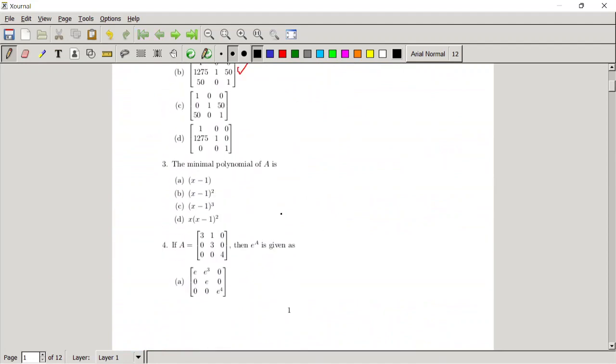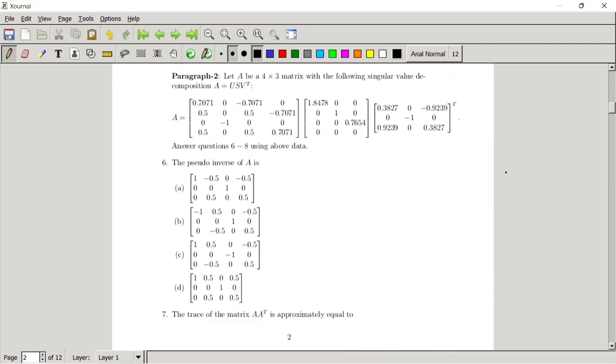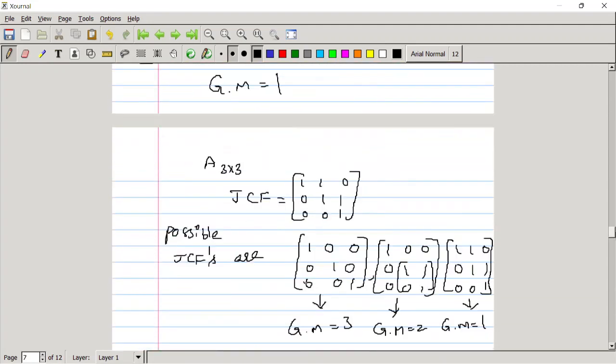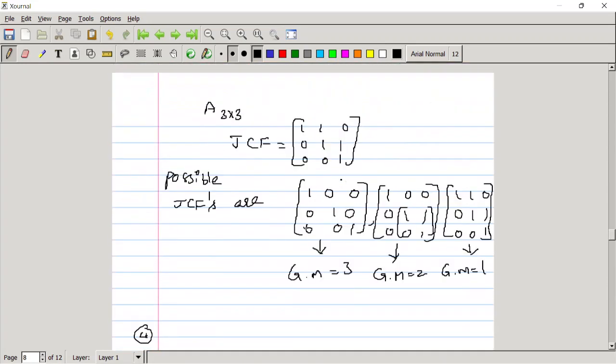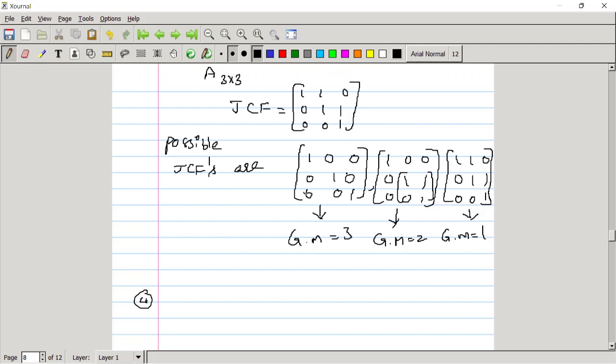So the problem is not over yet. We just got the JCF. Now you get the order of the highest Jordan block. This is the Jordan canonical form, the matrix, and the order of the highest Jordan block in this matrix is nothing but 3.